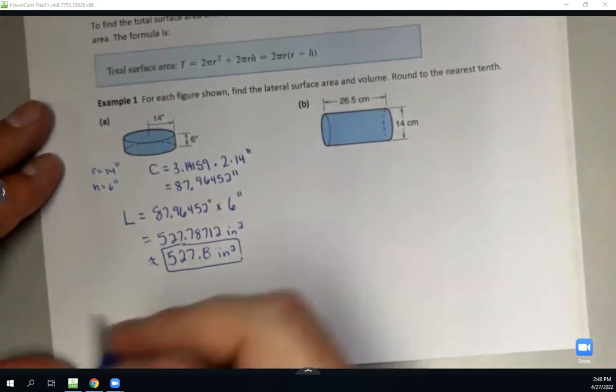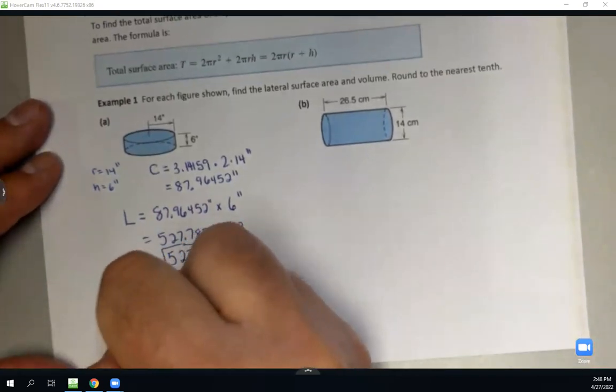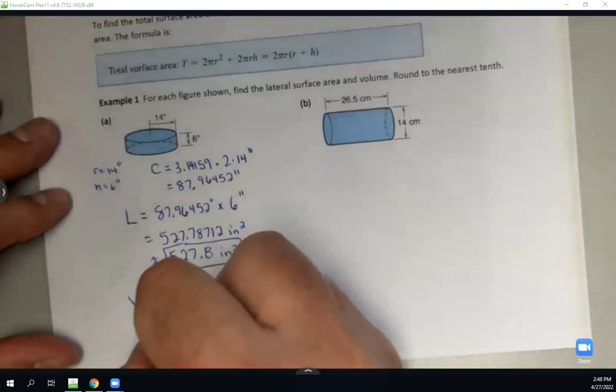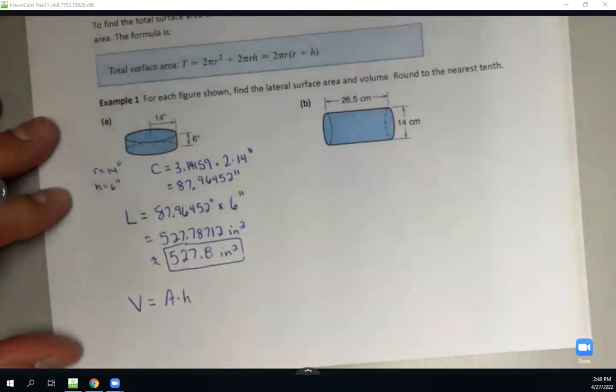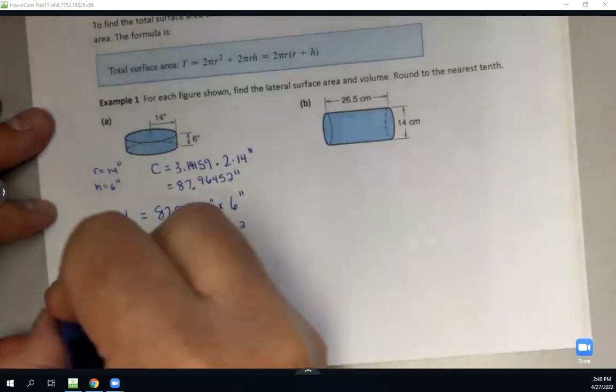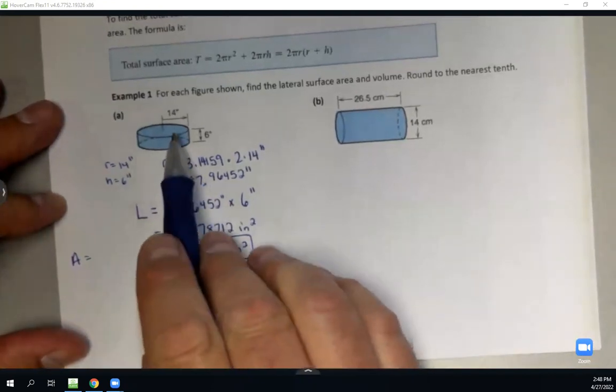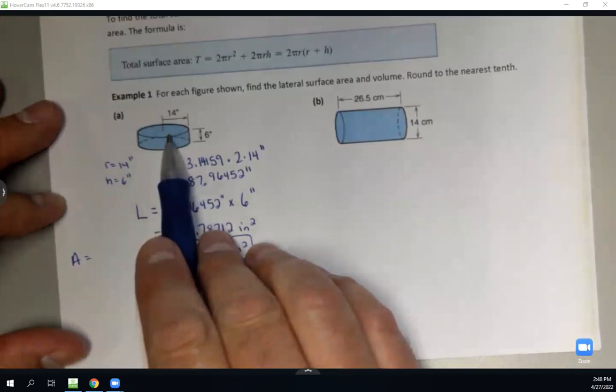The volume. Well, to find the volume, I need to know the area of the circle, and I'm going to take that times the altitude. So I need to find the area of the circle times the height. Well, the area of my circle is going to equal pi r squared.